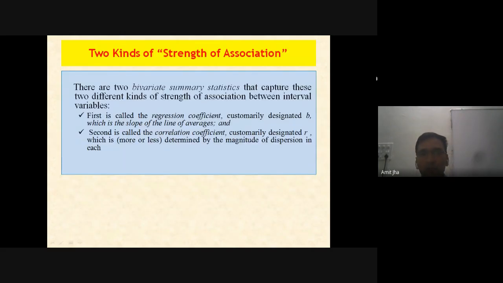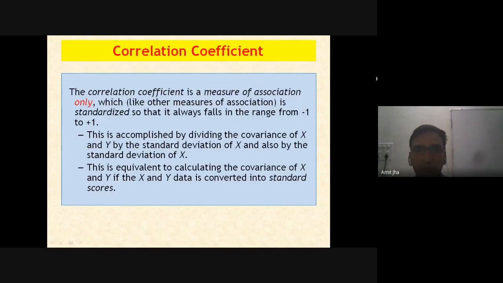Now, in terms of strength of association, the bivariate summary statistics are, first, correlation and regression, as we know. Correlation is measured by the correlation coefficient. So, what is correlation? It is a linear relationship between two variables, for example, body weight and height.